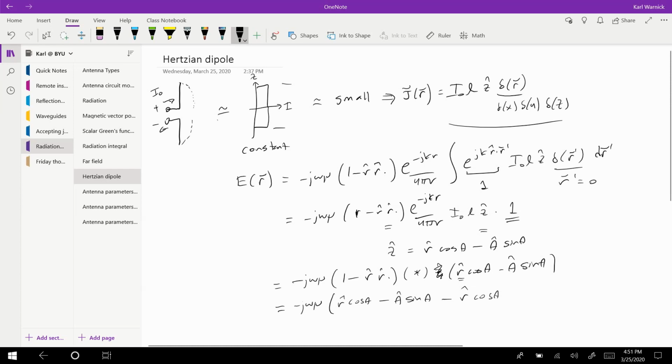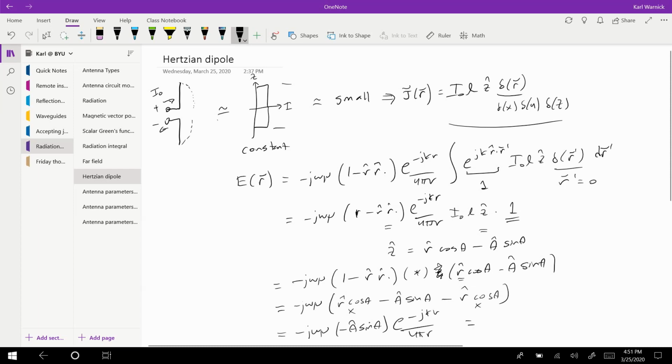And then r hat dot theta hat is 0 because those are orthogonal vectors. Now, if you look at what happens, the leading term cancels with the last term, and in the end, I get minus j omega mu minus theta hat sine theta e to the minus jkr over 4 pi r.